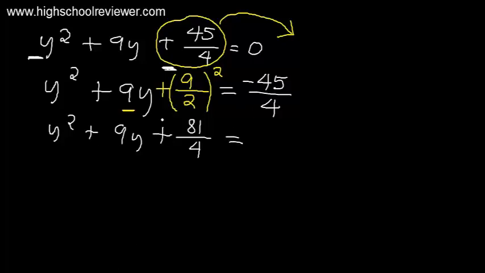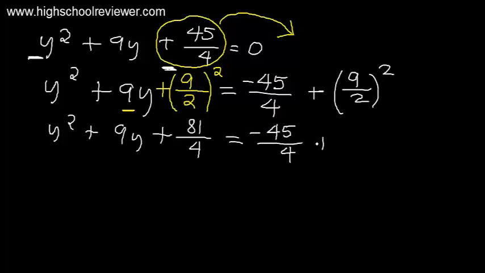Whatever is added on the left side must also be added on the right side. So this will be plus 9 over 2 squared. So negative 45 over 4 plus 81 all over 4. So y squared plus 9y plus 81 over 4 is a perfect square. So the square root of y squared is y.